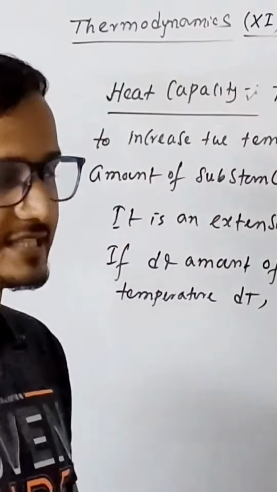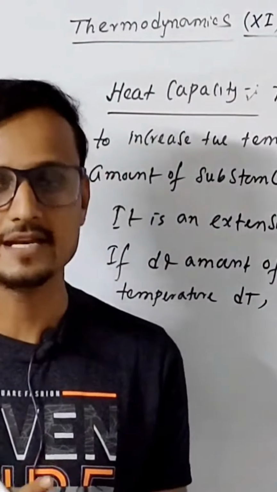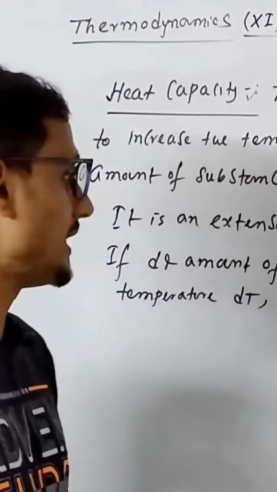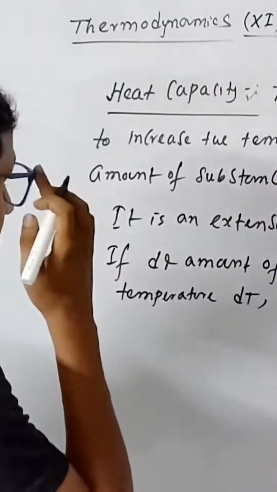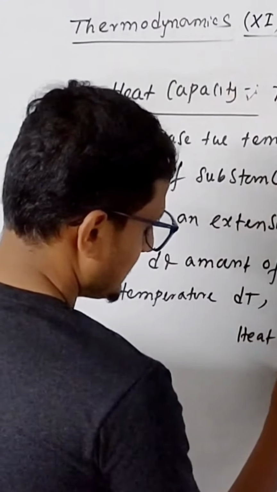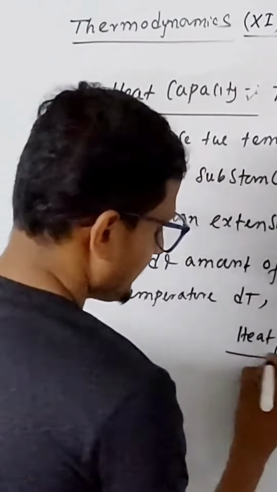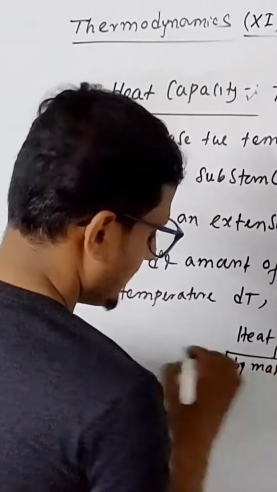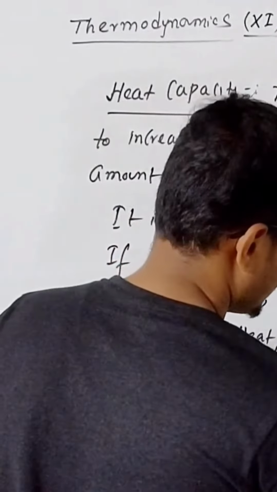Now we can classify the heat capacity on the basis of the mass of a substance and the heat absorbed. So we have to learn the classification of the heat capacity. We can classify it first by mass and by heat absorbed.